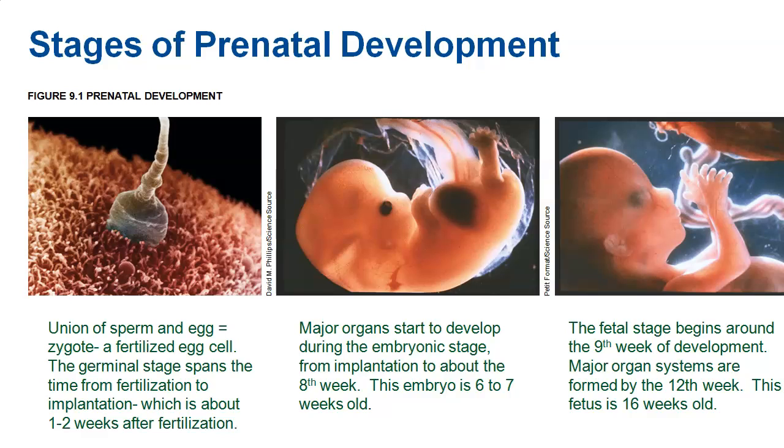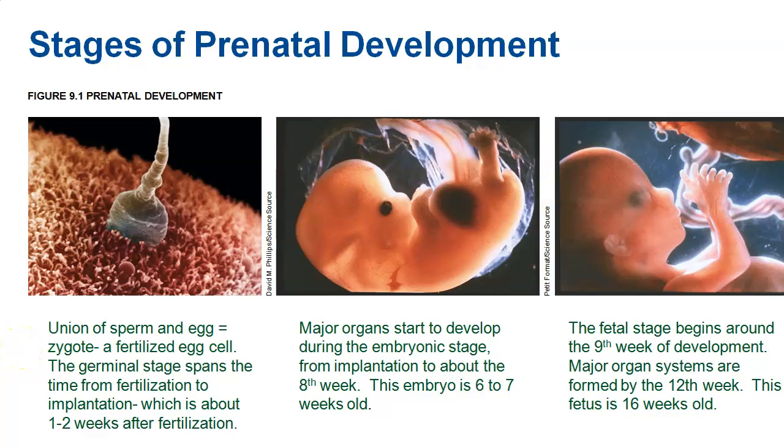Roughly speaking, this is the first 9 months from conception to birth. And prenatal development can be broken down further into 3 stages. The very first stage is the union of the sperm and egg, which makes a zygote, which is just a fertilized egg cell.